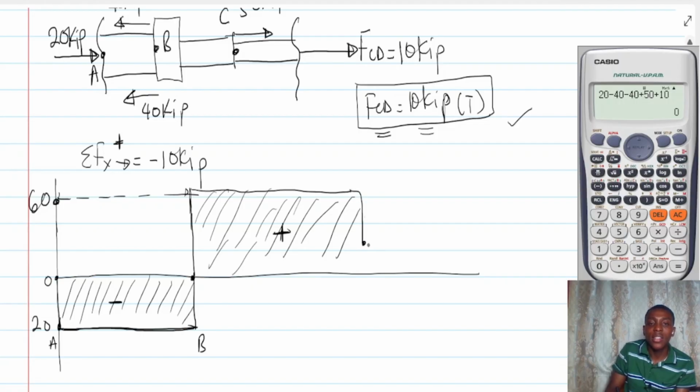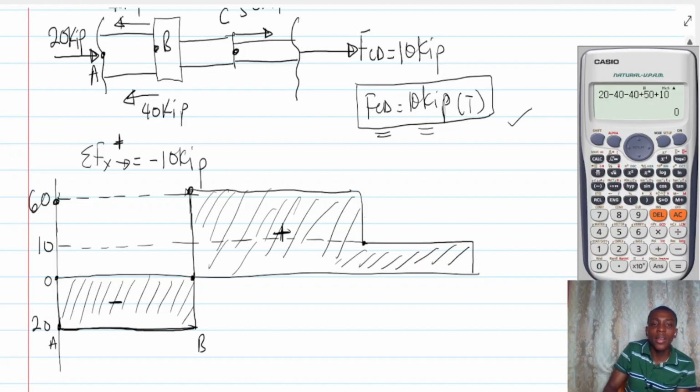Let's say this is 60, then it reduced to 10. So this portion from here all the way to here is BC, and then from here to here is CD.